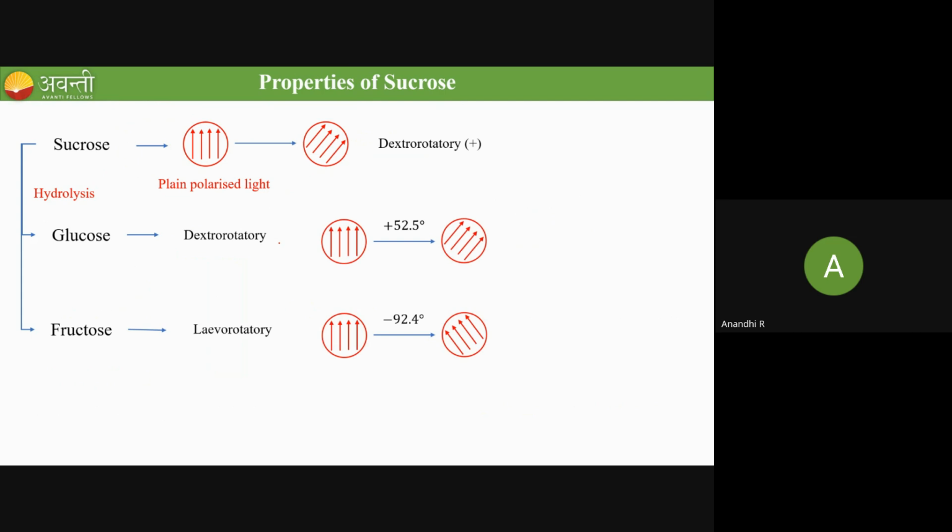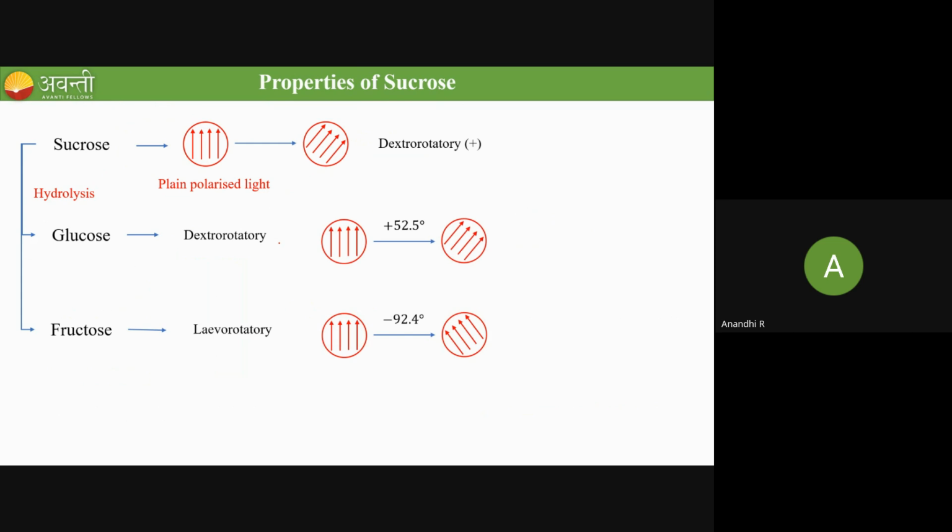Glucose has an optical rotation of 52.5 degrees and fructose has minus 92.4 degrees. Since it is rotating anti-clockwise, we represent it by a minus symbol. So you should not take it the way you see in maths. It is not a lesser value. Minus denotes the anti-clockwise direction.